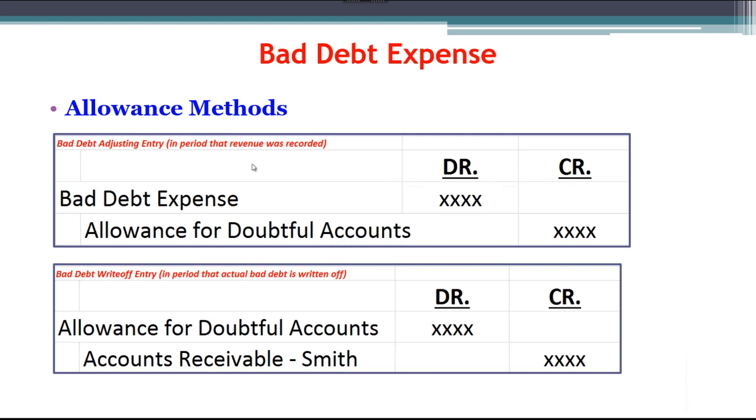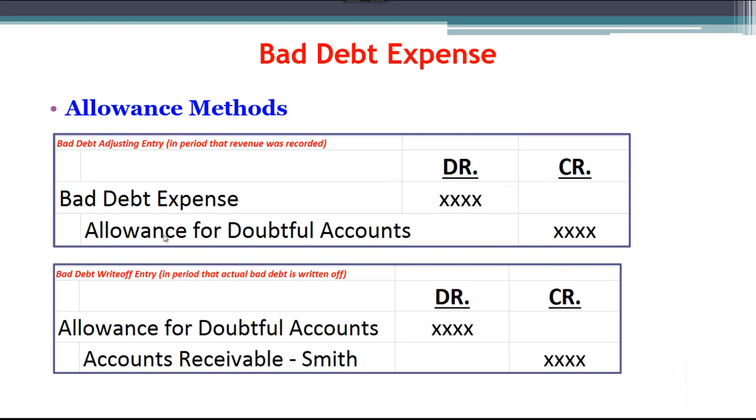So initially when we're estimating, we have to set up what's known as an allowance for doubtful accounts, sometimes called a provision for bad debts. It's basically an estimate. It's a fund that we're setting up to handle future write-offs that occur when we know a customer won't pay.